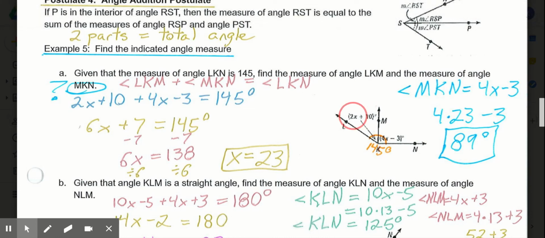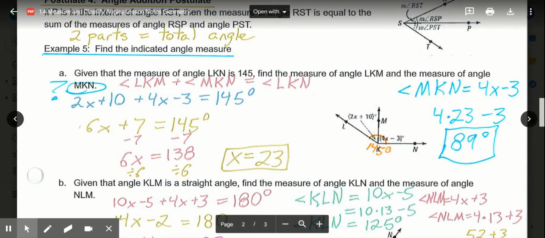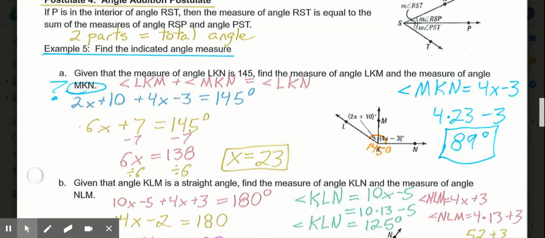Angle LKM was 2x plus 10. Angle MKN was 4x minus 3. Those two angles added together equal 145 degrees. So 2x plus 10 plus 4x minus 3 equals 145.